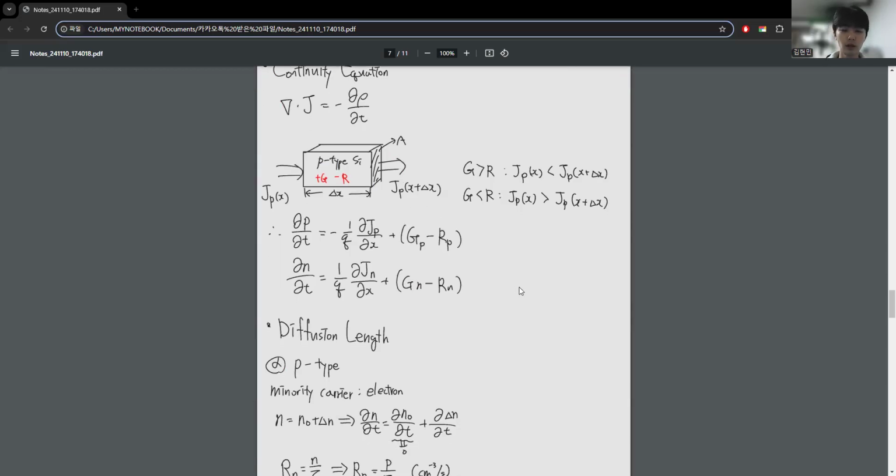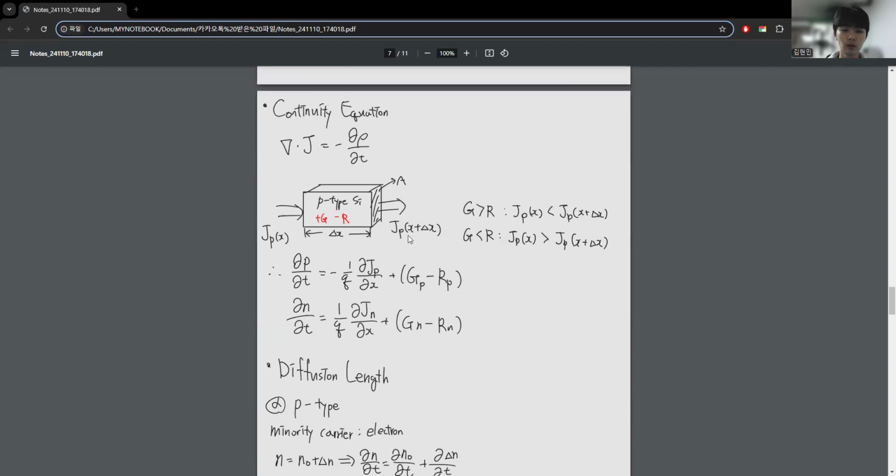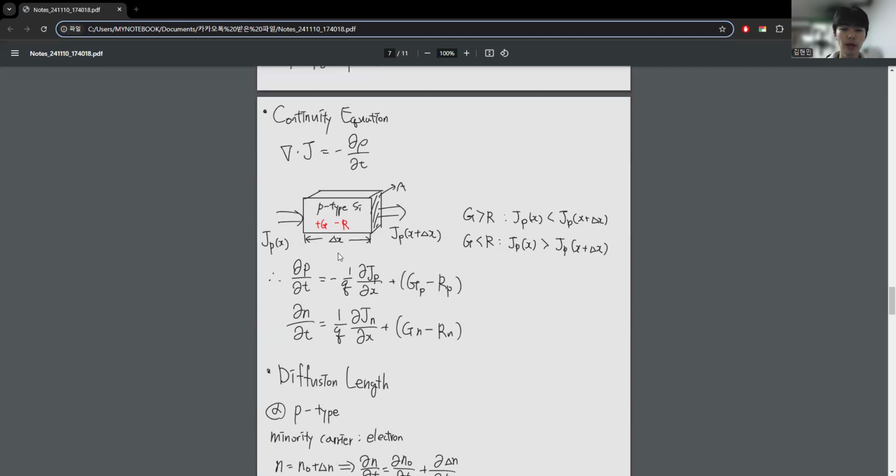So at p-type silicon, it has current. So Jp at x is the input and the output is Jp at x plus delta x.